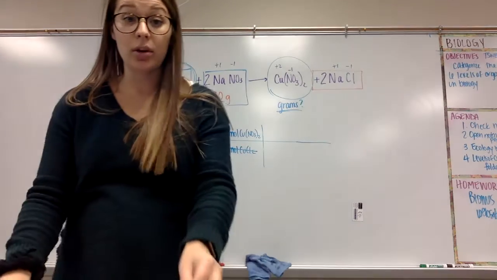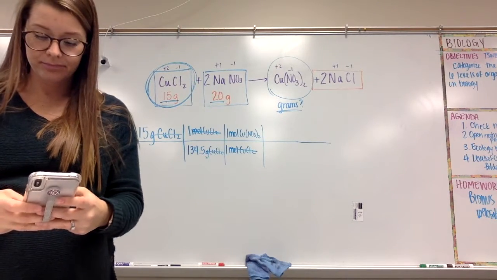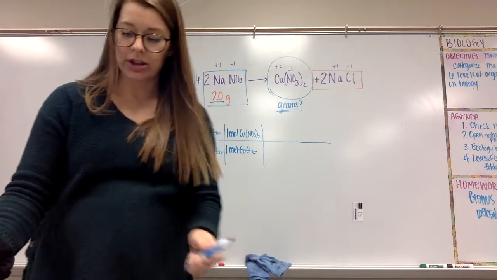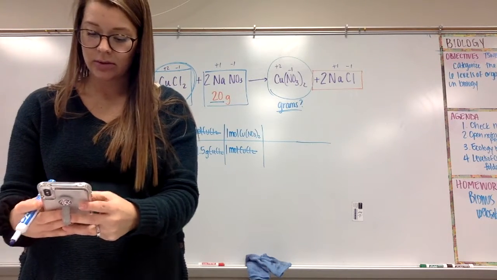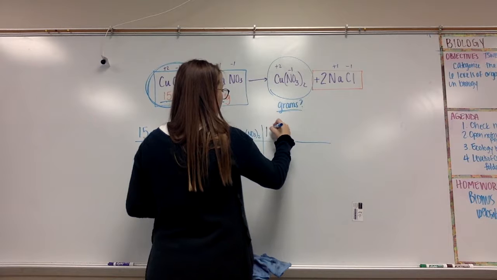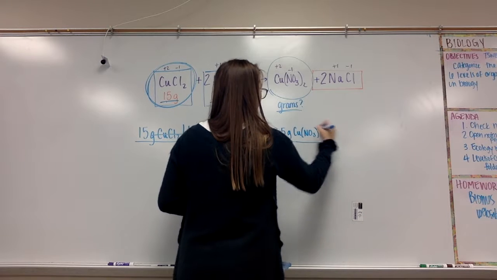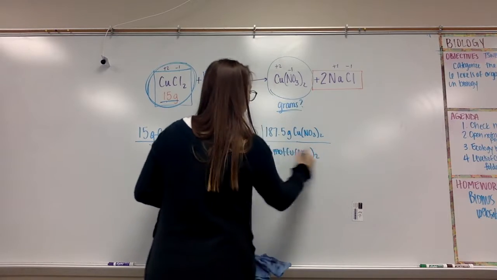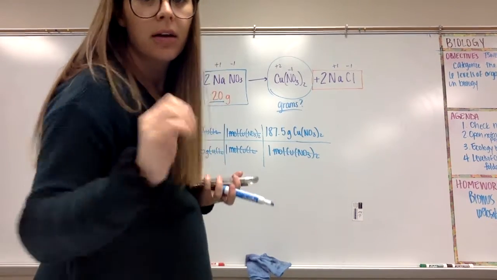And then finally, my molar mass for copper 2 nitrate. So let me calculate that really quick. Which is 187.5 grams of copper 2 nitrate on top, and my 1 mole on bottom, so that those cancel. Okay.